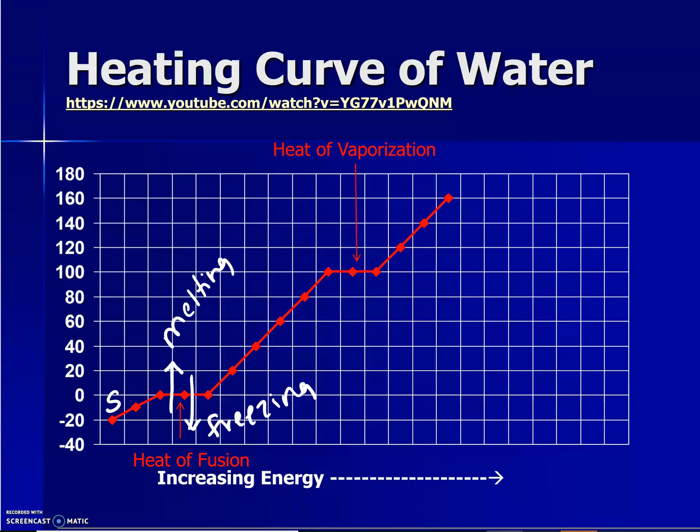Once we get above 0 degrees, we have our liquid. When it levels off again at 100 degrees, when a liquid becomes a gas, evaporation is in equilibrium with condensation at that point on the graph. At 100 degrees and above is where we're going to get our gas.